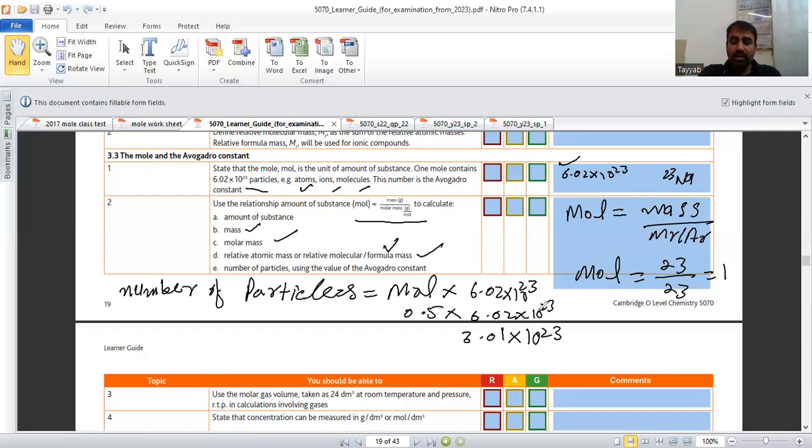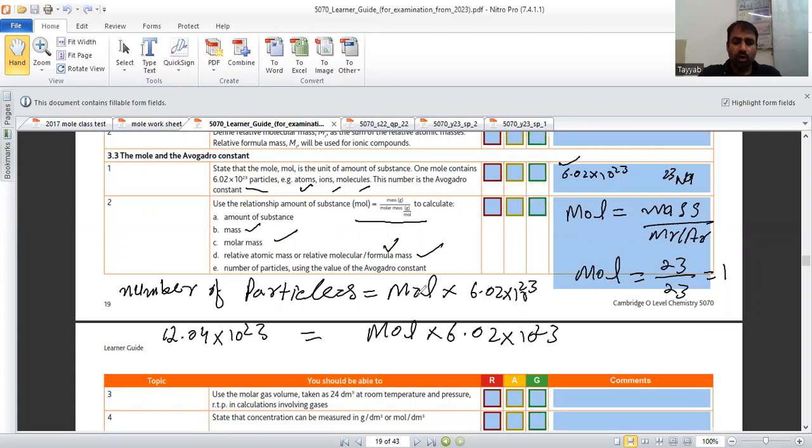Hope you are clear. In the same way, if you are given the number of particles, not the number of moles, how can you rearrange this formula? For example, the number of particles is not 6.02 but 12.04 × 10^23, and the question asks what the moles are. You can calculate moles with this formula: divide by 6.02 × 10^23.